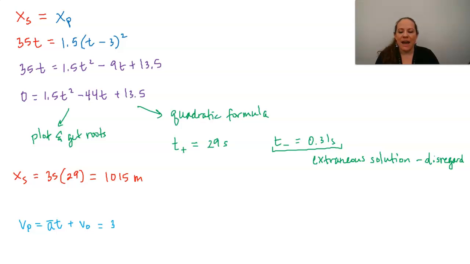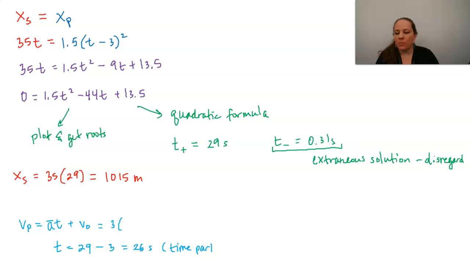So we'll take that 3 meters per second squared, but pause. Remember that our time the patrolman moved is going to be the time the speeder moved minus 3 seconds. So our patrol car only moved for 26 seconds.